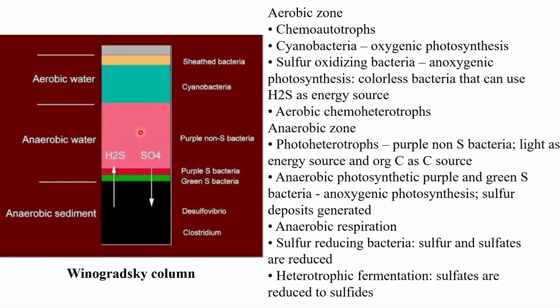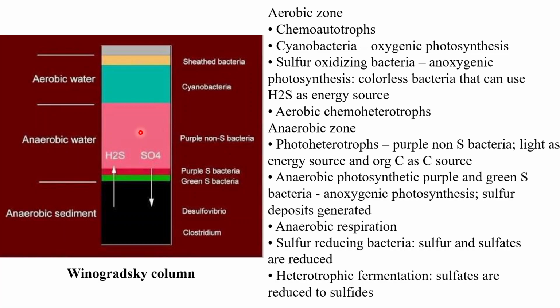So instead of oxygen, they will use sulfur sources. Since you are adding sulfur as the nutrient, you can find those sulfur bacteria. Like that, all the microorganisms will get divided depending on the zone.